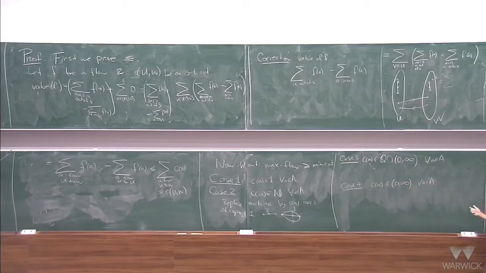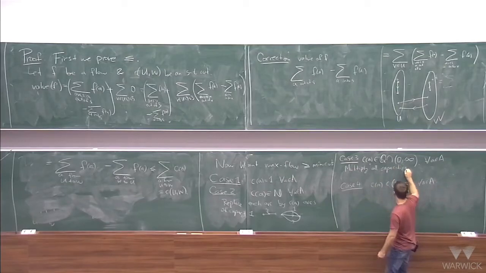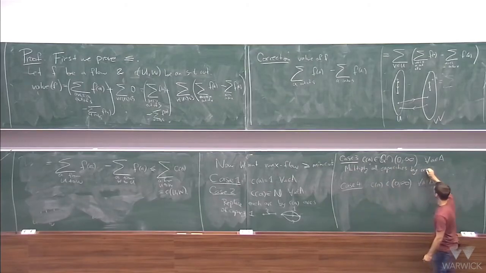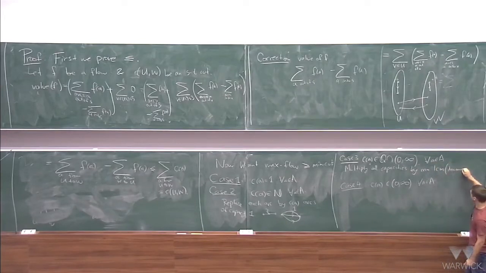So rational numbers and integers aren't really much different, right? If I have rational numbers on every arc, I can just multiply all the capacities by some carefully chosen number. So multiply all capacities by m, which is going to be the least common multiple of the denominators of the capacities.